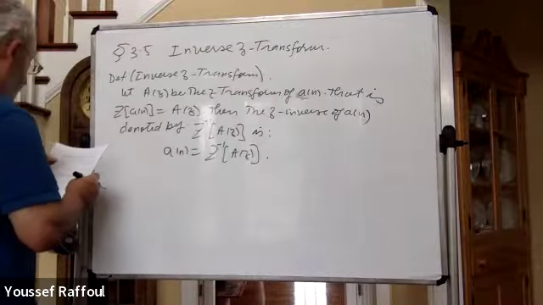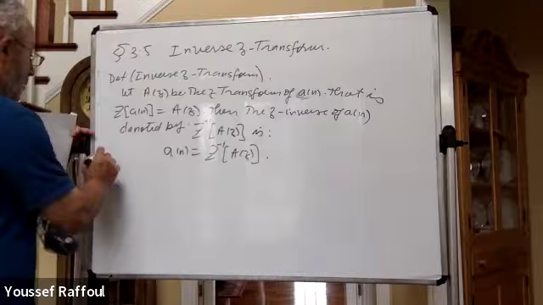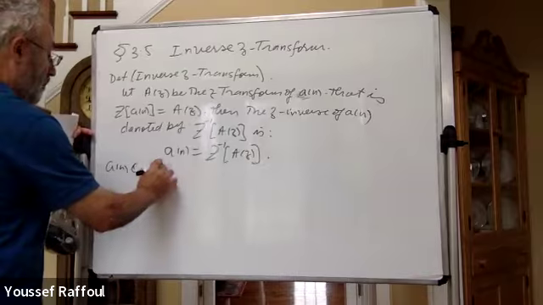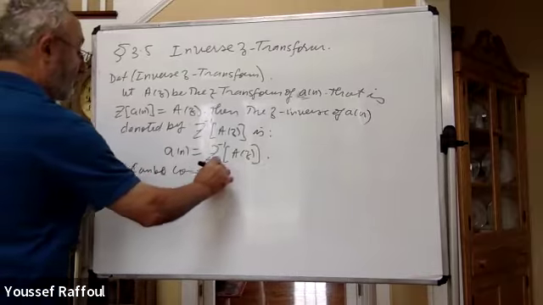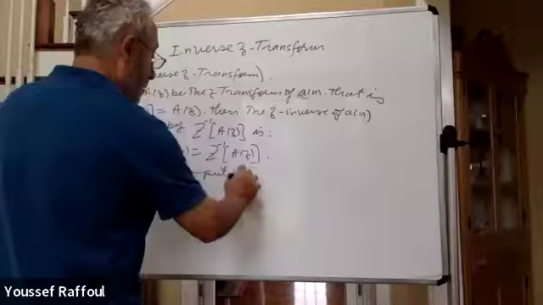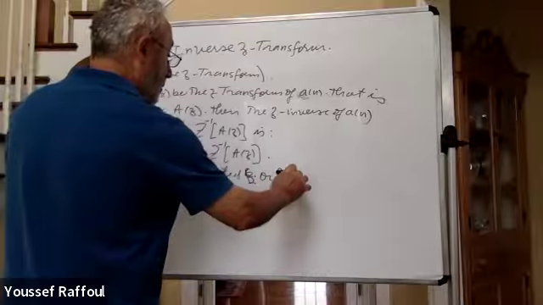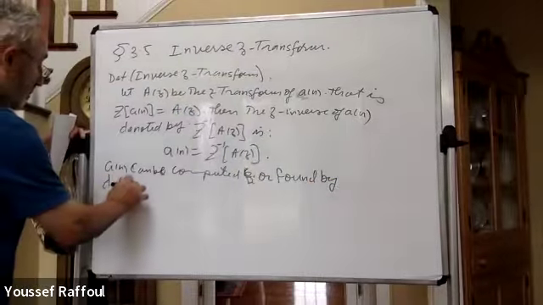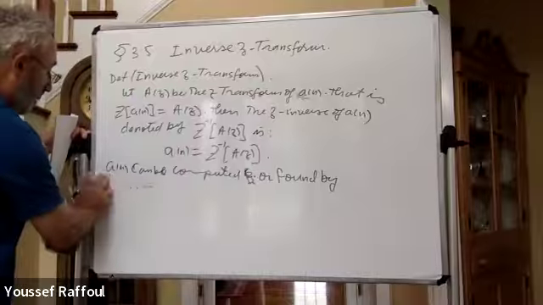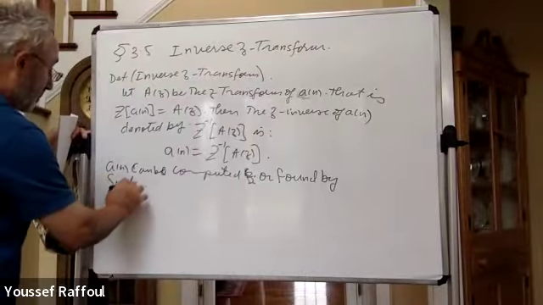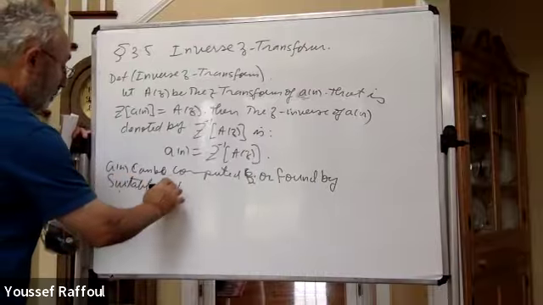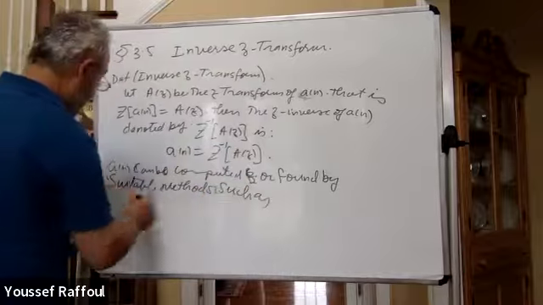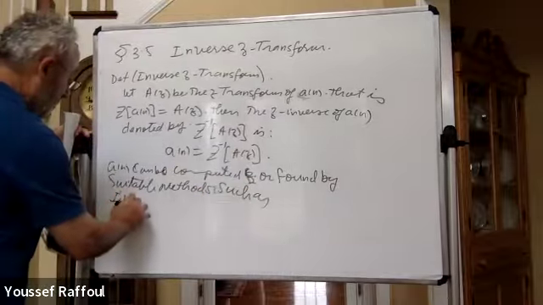So a_n can be computed or found by different methods, or may I say suitable methods, such as: 1, inspection.